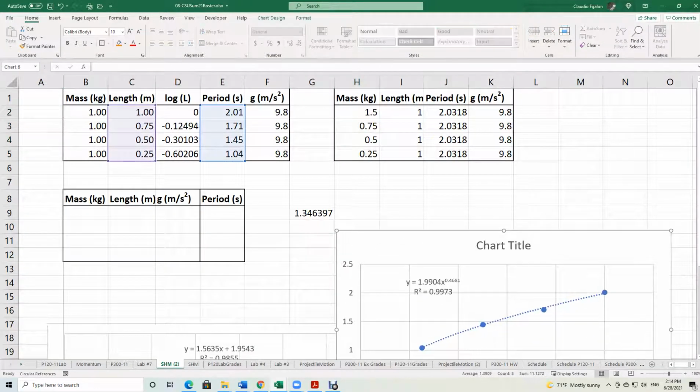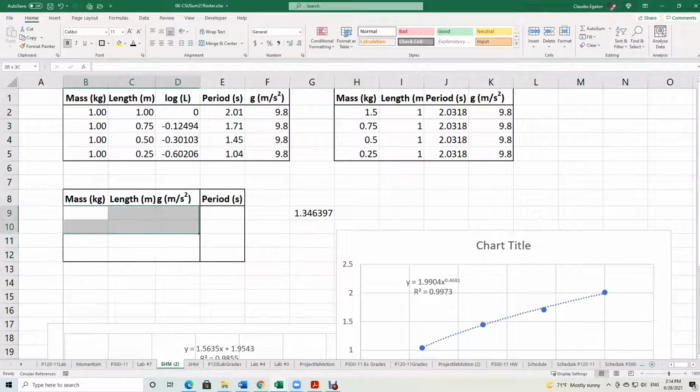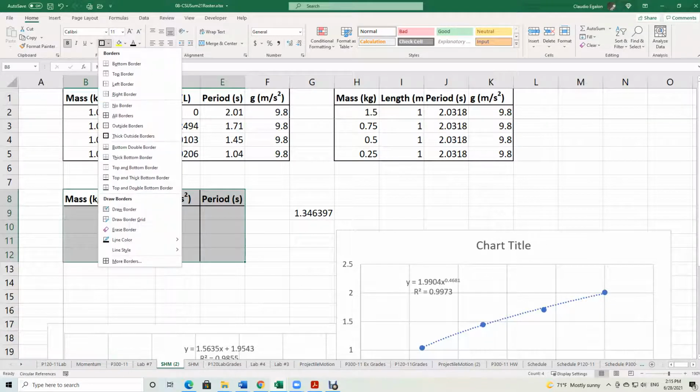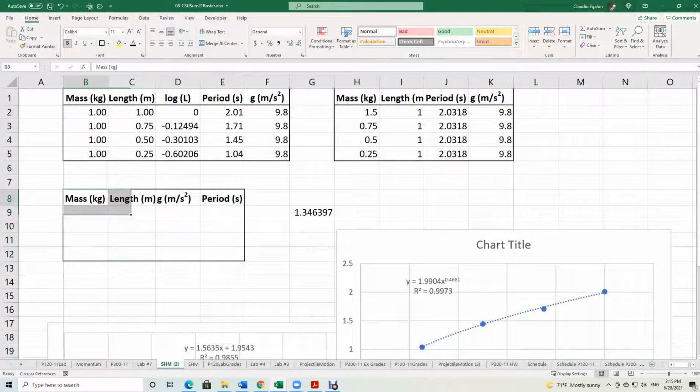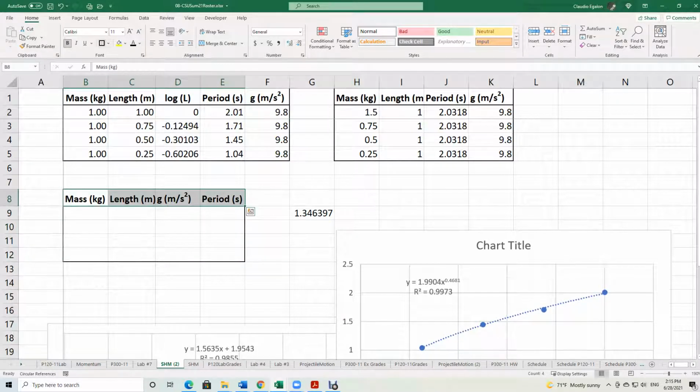The third spreadsheet: mass, length, gravity, and the period. Now I want the period to the right of the acceleration of gravity. Put this way. There's a reason for that. Why is that? Because I want to plot the period against the g. Okay, and the g, I want the g to end up in the x-axis.